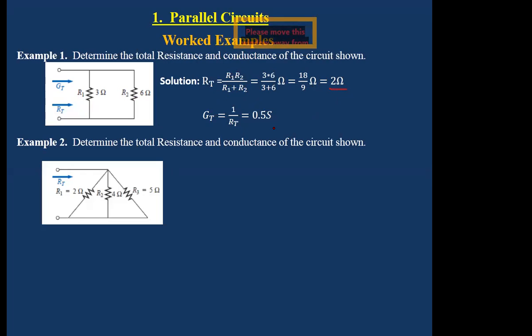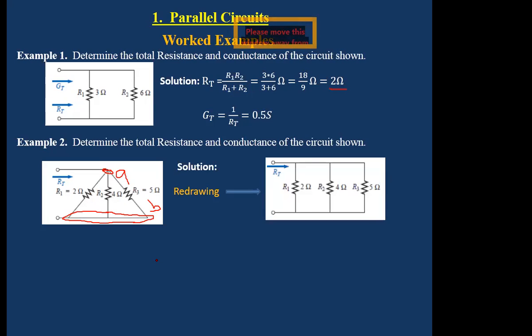Second example: determine the total resistance and conductance of the circuit shown. So that circuit, again, you remember we said if components share two common nodes, they are in parallel. So regardless of the triangular shape in which they are arranged, they still share common nodes. We can say node A and node B. So in reality, their resistance will still be calculated as usual.